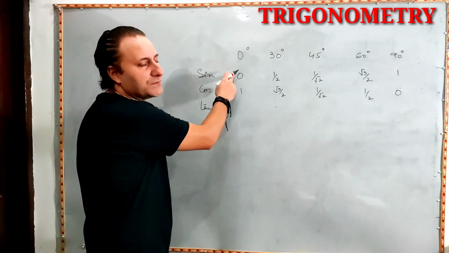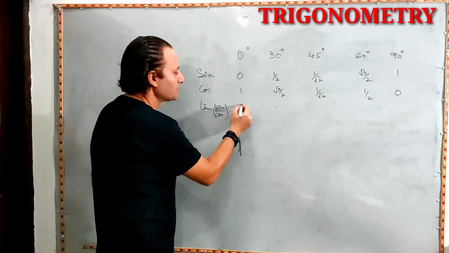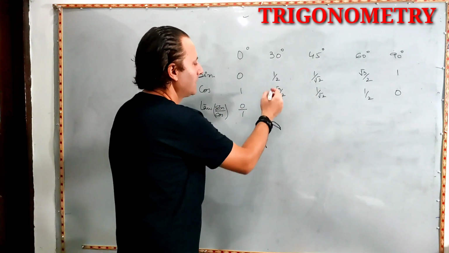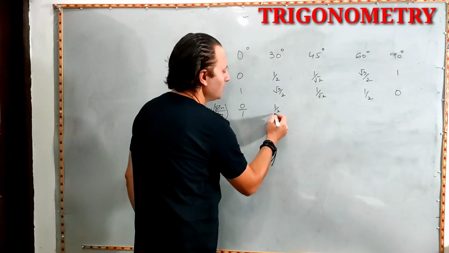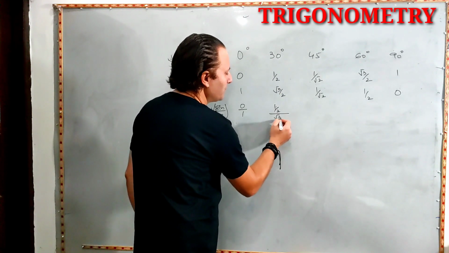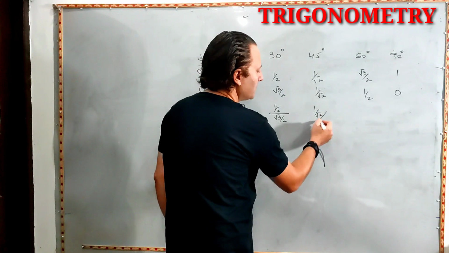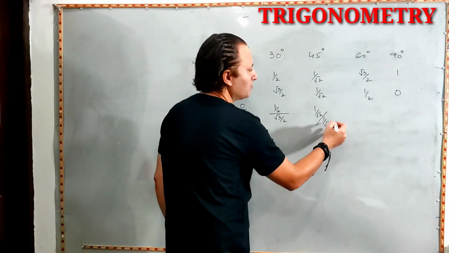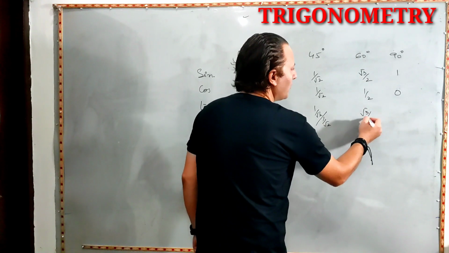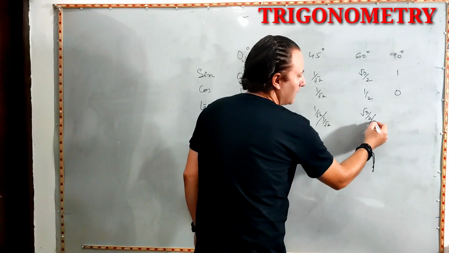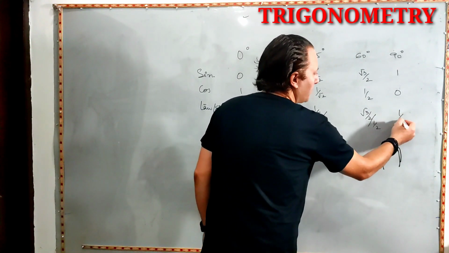So we have the value of sine, we have the value of cos. So 0 upon 1. Here it is 1 upon 2 divided by root 3 upon 2. Then we have 1 upon root 2 divided by 1 upon root 2. Then we have root 3 upon 2 whole divided by 1 upon 2, and then 1 upon 0.